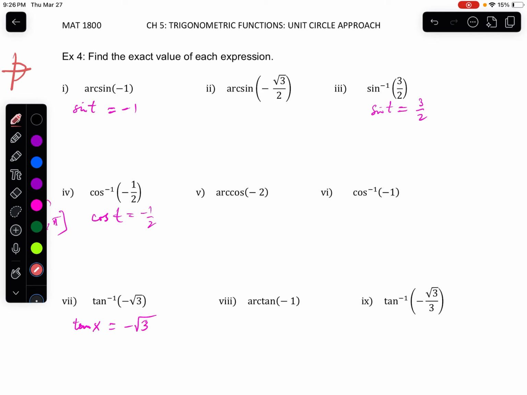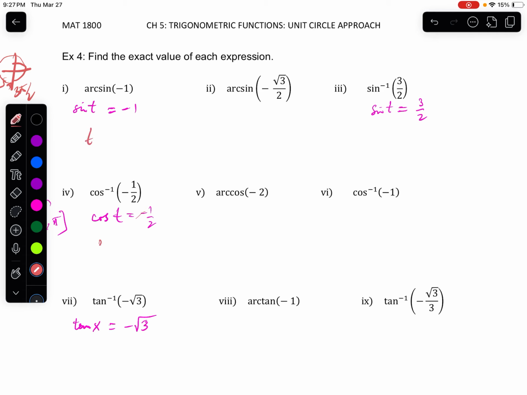When will this happen? Sine of t is negative 1 when the terminal point is over here, which is what is the real number associated with that point. Well, you remember, if you go this way in the counterclockwise, so this is 3 pi over 2, but you are not supposed to say that t is equal to 3 pi over 2.